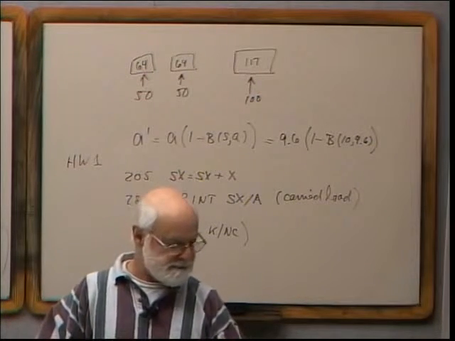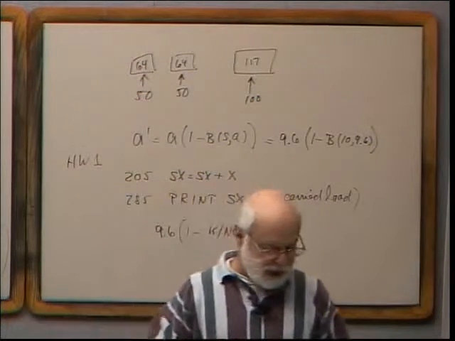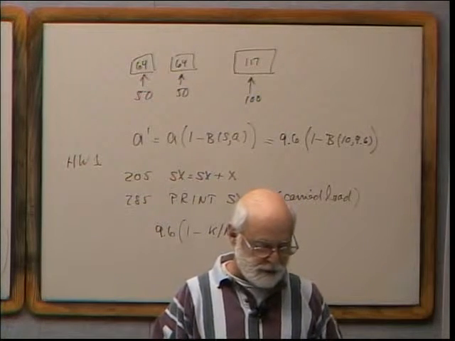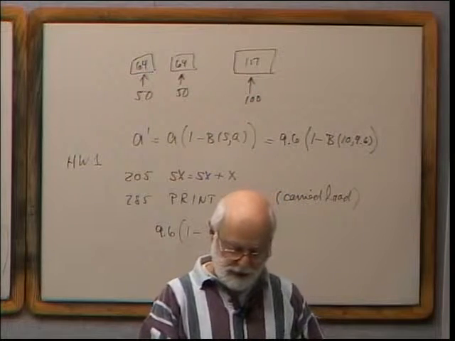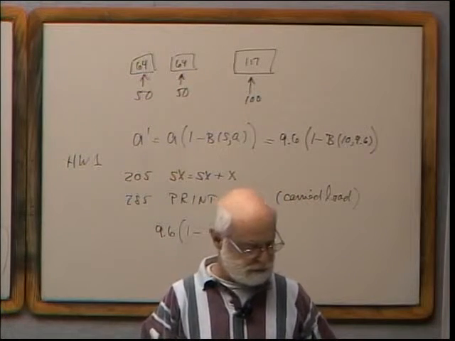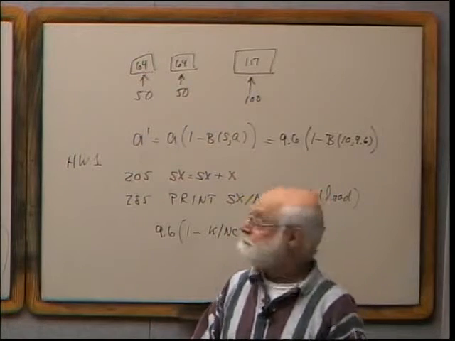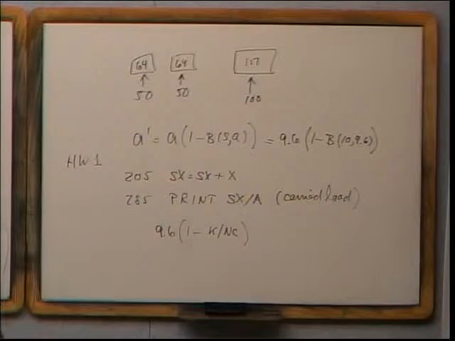Okay, let's take a look at the next homework problem, which is exercise number 10 on page 85. I'm going to get back and prove this thing right here later.